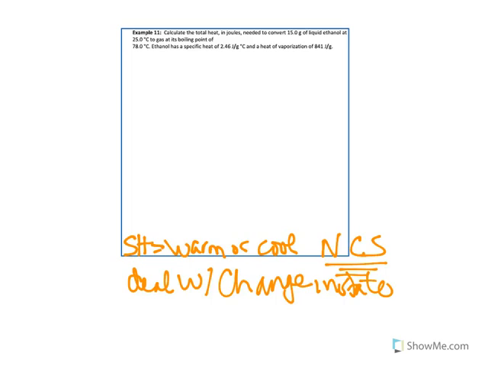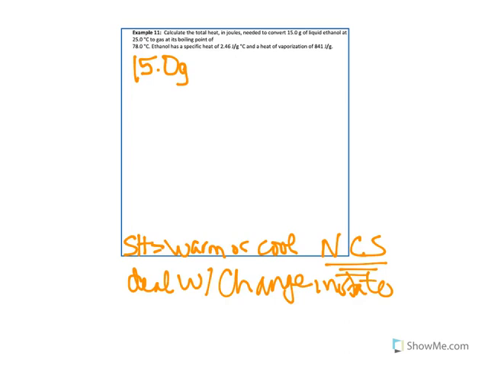We're going to use the specific heat to deal with warming the liquid ethanol. Okay? And we are going to warm it from 25 degrees to 78 degrees. So we have 15 grams of ethanol. Its specific heat is 2.46 joules per gram per degree Celsius.